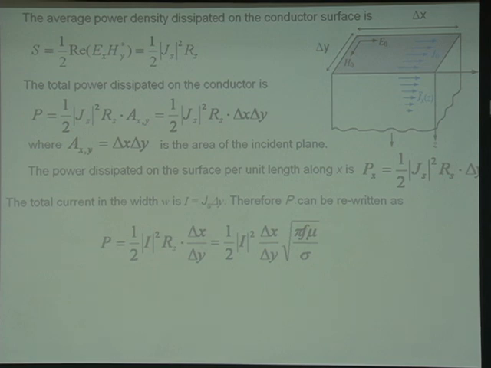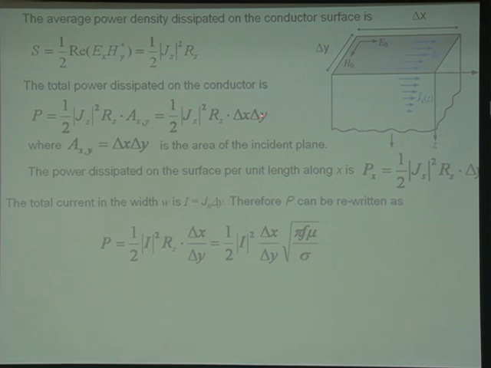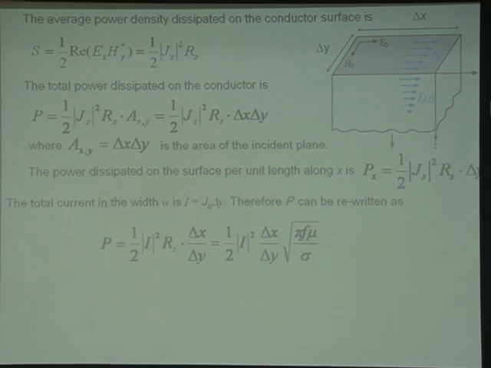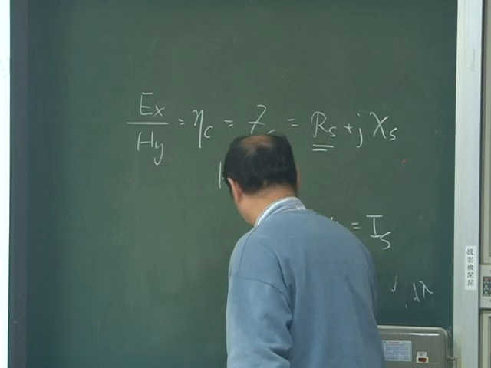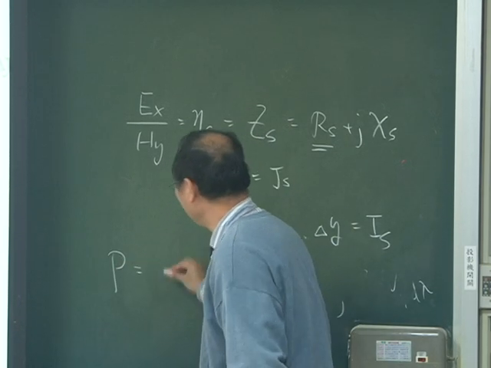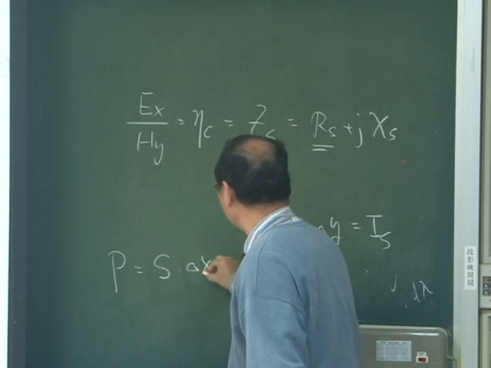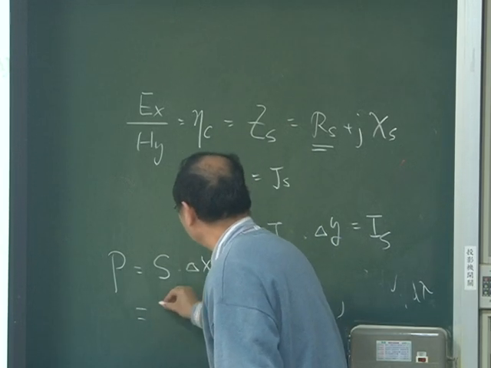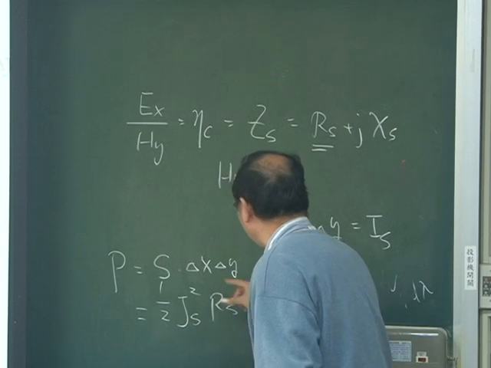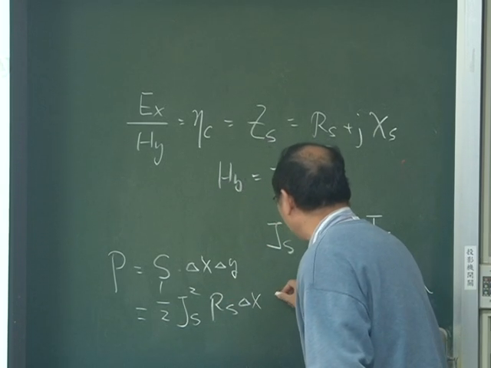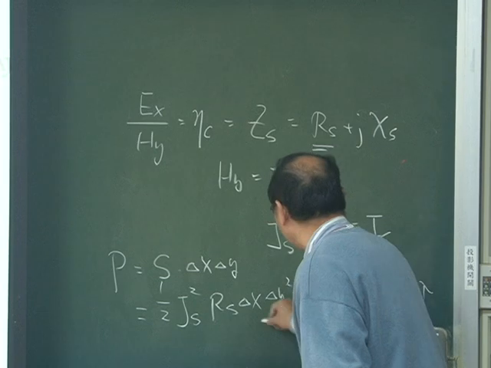So you can multiply this term by delta y squared and divide by delta y, you get this term, understand? Your P is equal to S multiplied with delta x delta y, equal to 1/2 Js squared Rs delta x delta y, but now you write delta y squared divided by delta y.